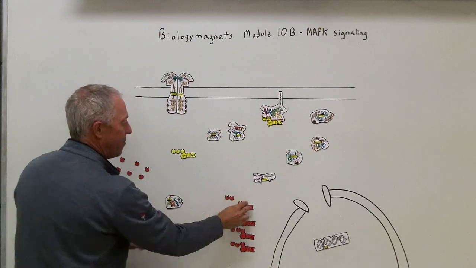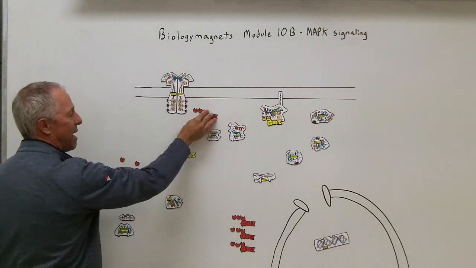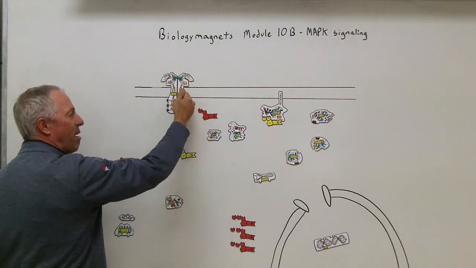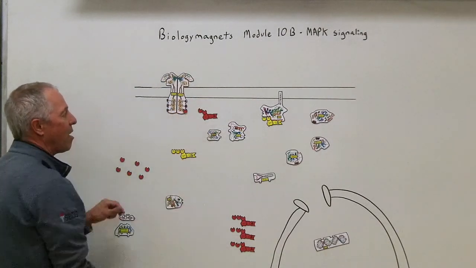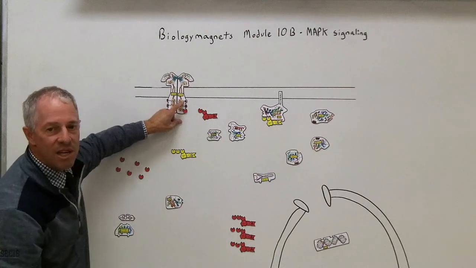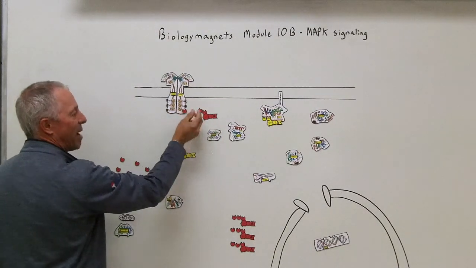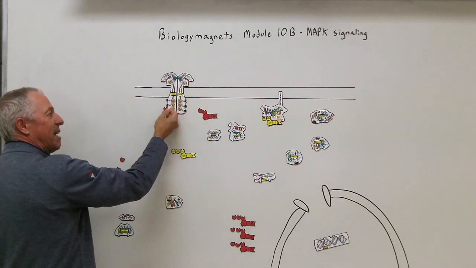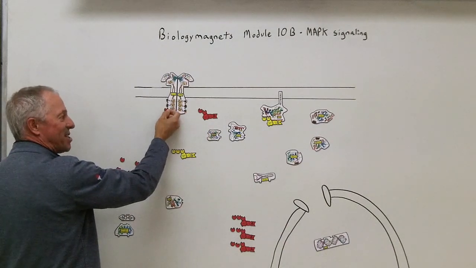What's going to happen is an ATP molecule, that's what this is, is going to phosphorylate the bottom part of these receptor proteins, which have these tyrosine residues that will actually pick up a phosphate from ATP, and they'll phosphorylate the tyrosine residue on the opposite side.